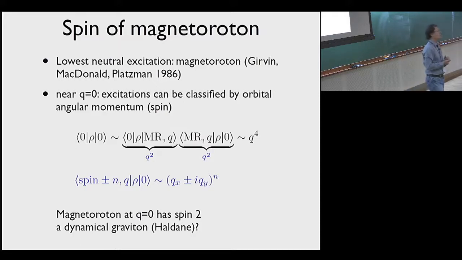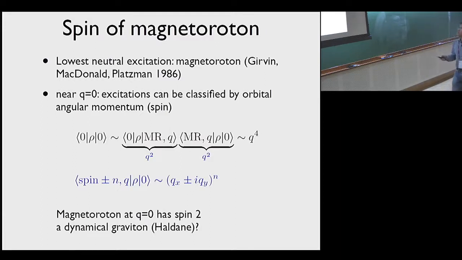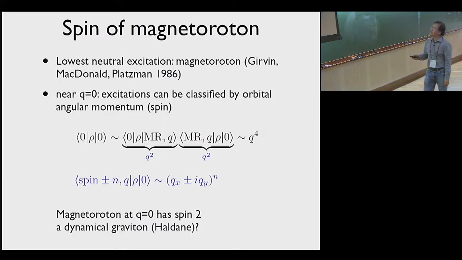We know that naively, in a strongly interacting system, a matrix element should not be zero unless there's a reason for it. The matrix element will always differ from zero. So the only reason that one can have here is that this magnetoroton has a spin. If we have a quasi-particle with spin plus or minus n, we are in 2 dimensions, so the spin is just a number.